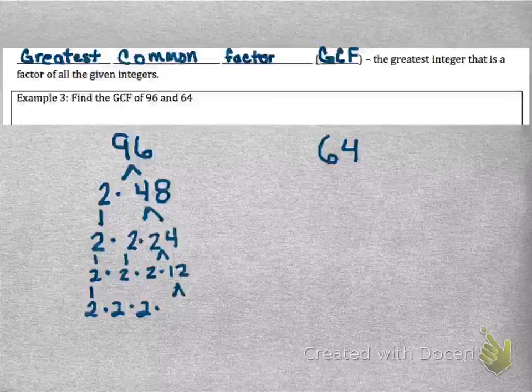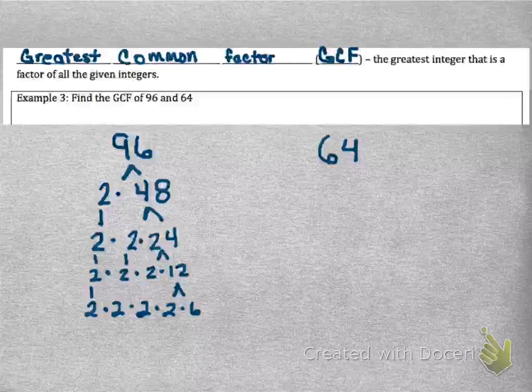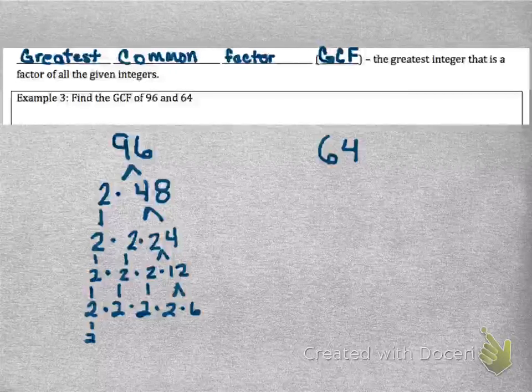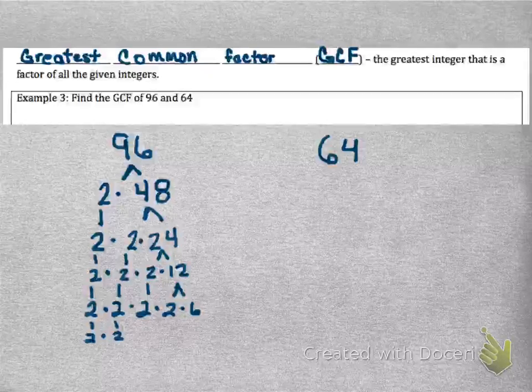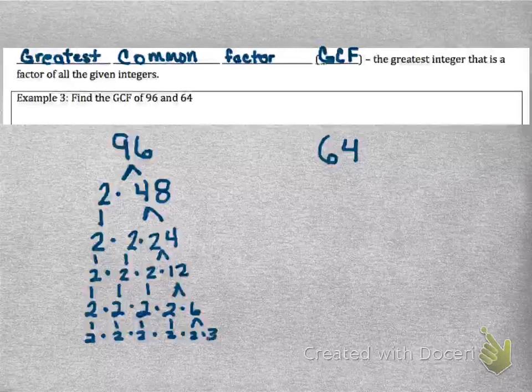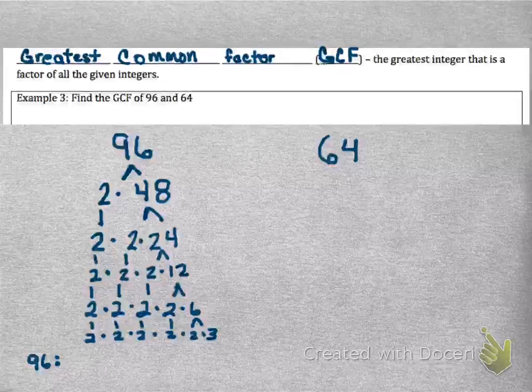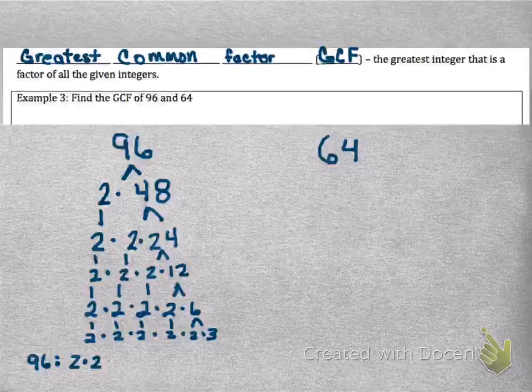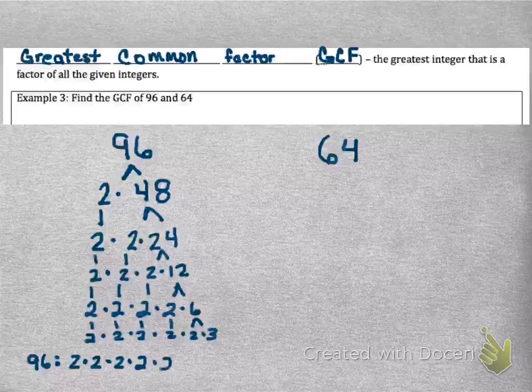And my 12 I can break up into 2 times 6, and bring down my 2's. And 6 I can break up into 2 times 3. So once I've got all primes there, I want to list those out. So for 96, my factors are 2 times 2 times 2 times 2 times 2 times 3.